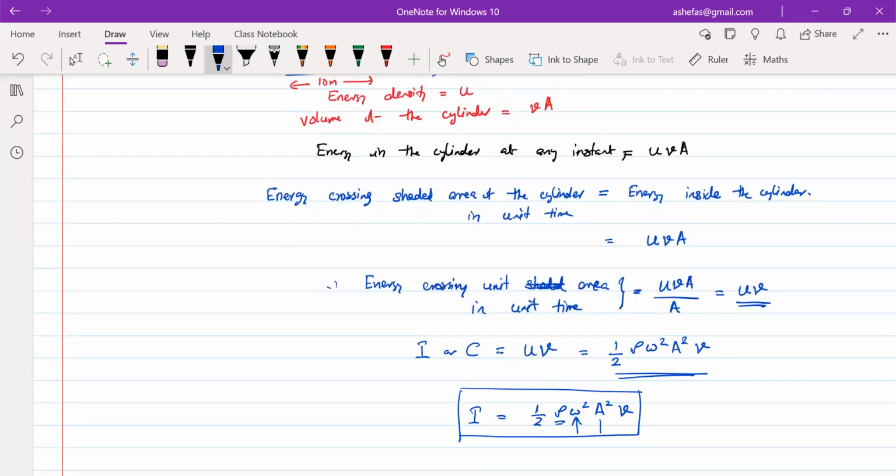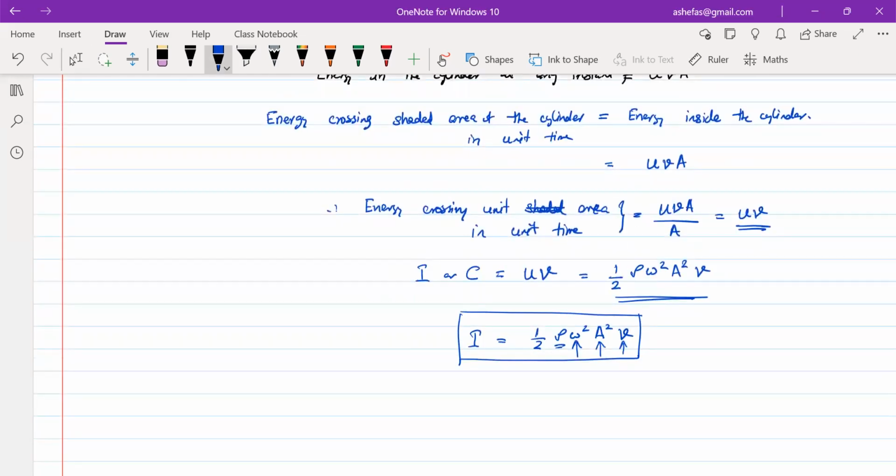It is also quadratically proportional to the amplitude, and finally linearly proportional to the speed.